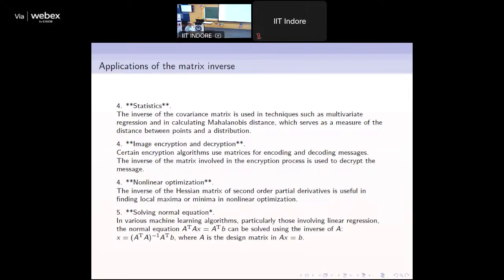What is important here, AX equals B is not always consistent, but normal equation A transpose AX equals A transpose B is. Finally, this expression, inverse of A transpose A times A transpose, is Moore-Penrose inverse of A.